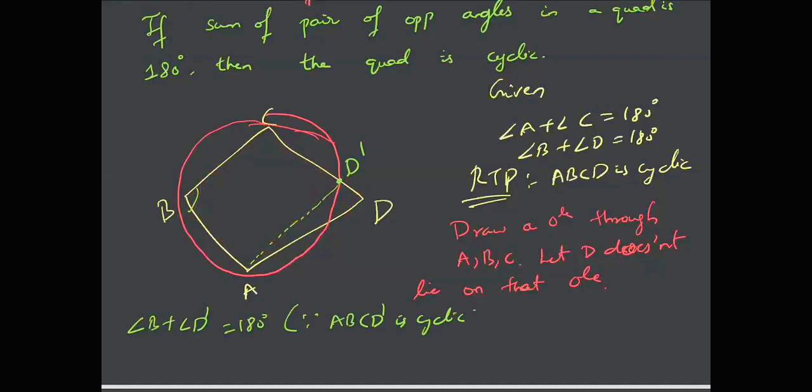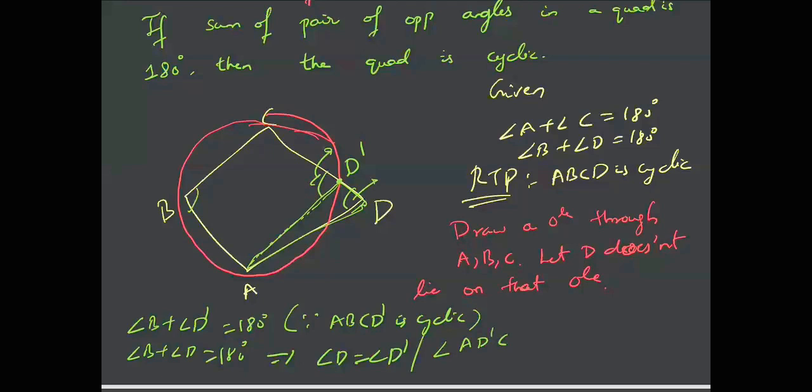So this implies angle D is equal to angle D dash, and if you consider this triangle ADD dash, then this is an exterior angle of this triangle. Okay, so angle AD dash C is an exterior angle equal to interior angle ADC. So this is a contradiction.